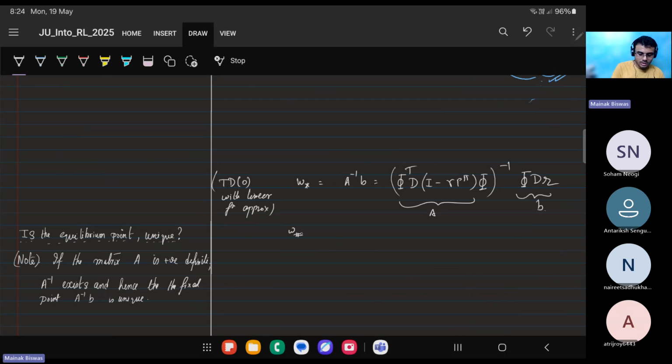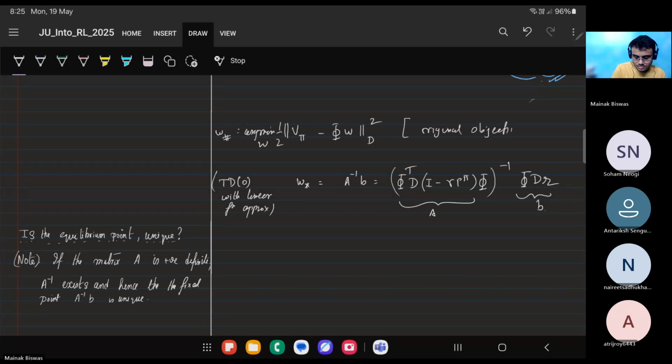And do you recall what was the original objective of the TD0 algorithm? V pi minus phi of W, correct? This was your W hash, argmin of W. Do you agree? This was your original objective. Any questions? So if this was your original objective, what is W hash? We already know that, we have derived it.